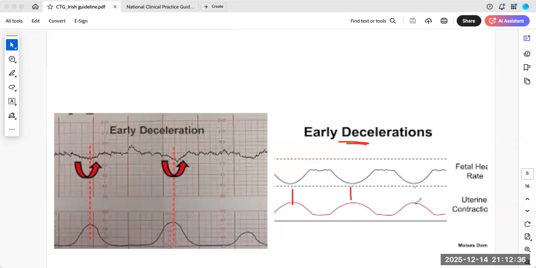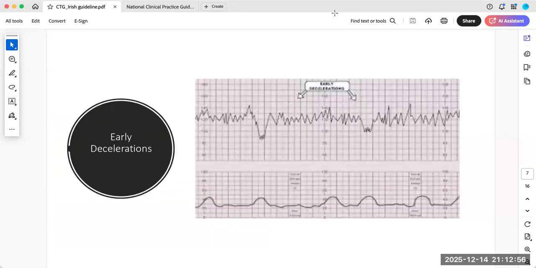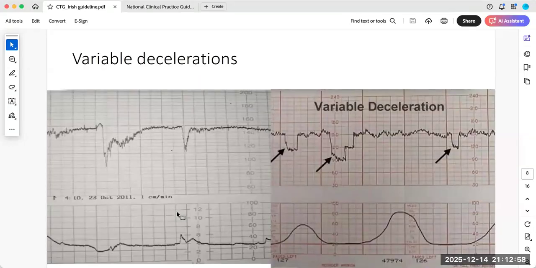So the deceleration here is periodic, and it's in response to the contractions, and we don't have anything to make us worry with the early deceleration types. But I would be worried if I have a variable deceleration, but not any type of variable deceleration. I will be worried if I have variable deceleration with concerning characteristics.